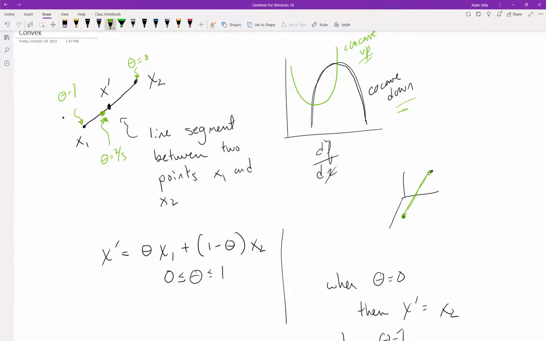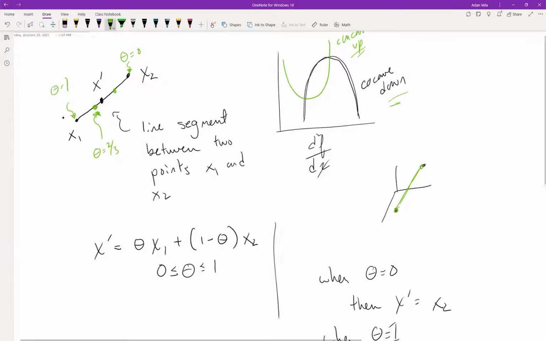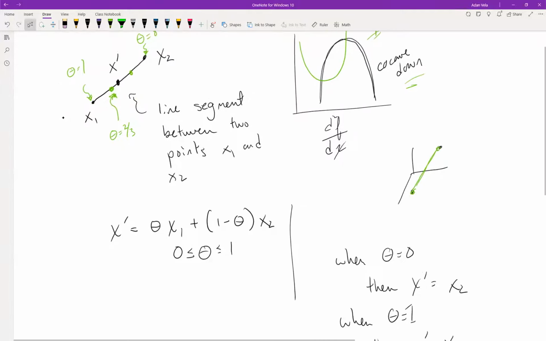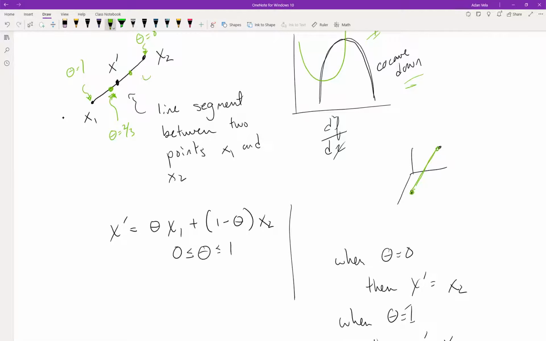Or if I wanted a 60-40 split, that would correspond to theta equals 0.4. No matter what theta we pick, we can generate a point along this line between x1 and x2.